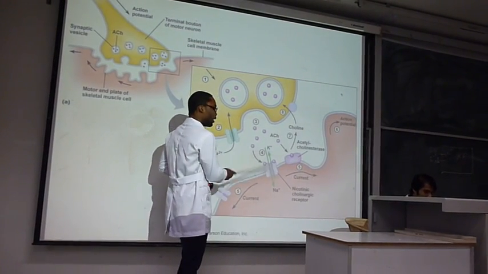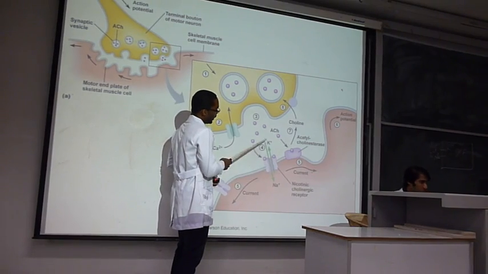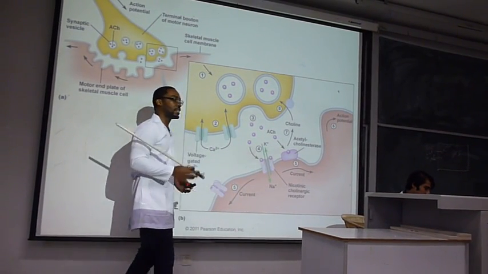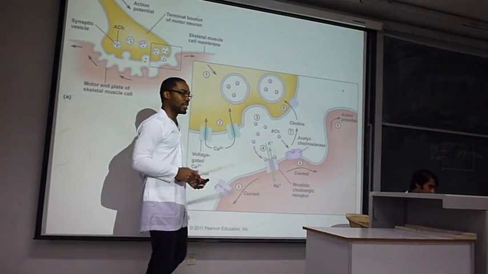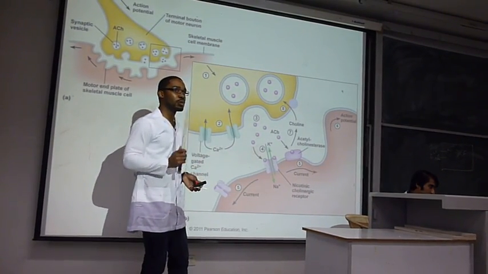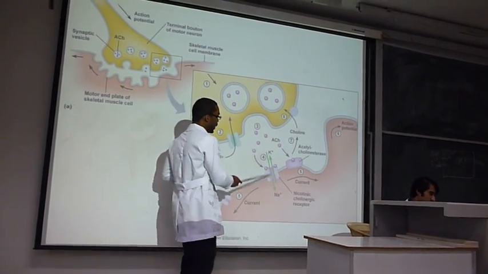This ionic difference in potassium and sodium generates what we call a local potential. This local potential is known as the end plate potential, like I said earlier. But we can't call it an action potential. It is the end plate potential.